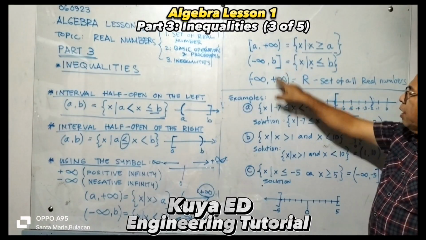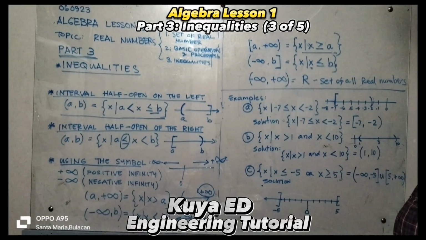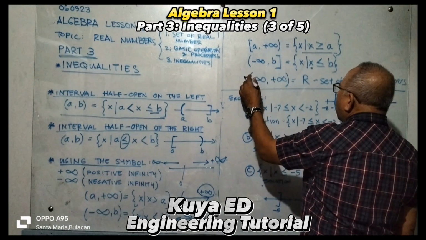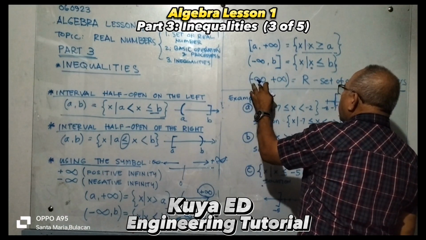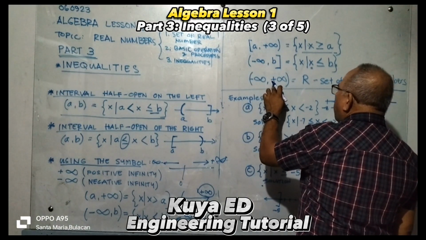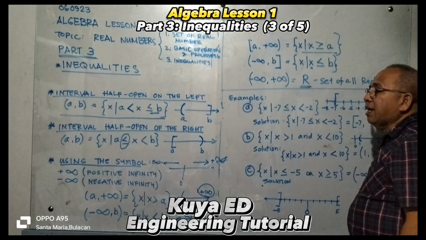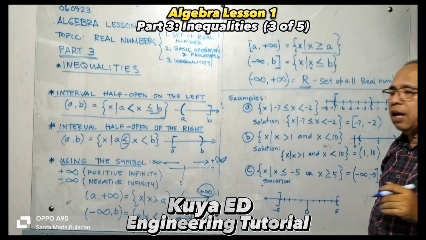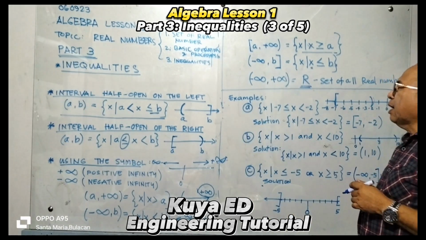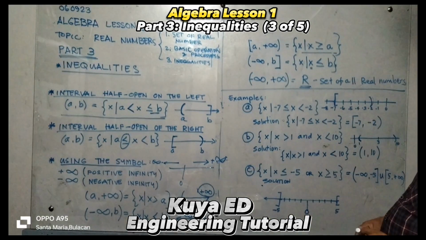Because of this. Now, kung mayroon tayong set na negative infinity at saka positive infinity, we are talking of the R. Yung R, yun yung kabuuan ng tinatawag nating real numbers. Okay.